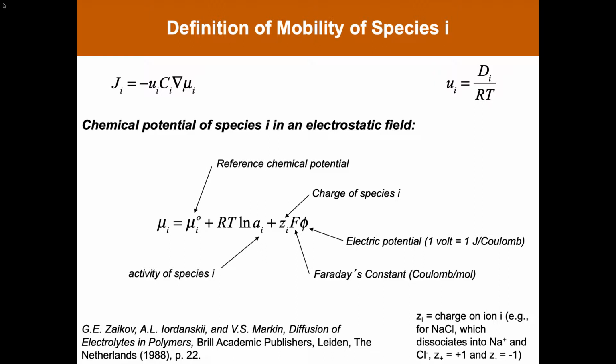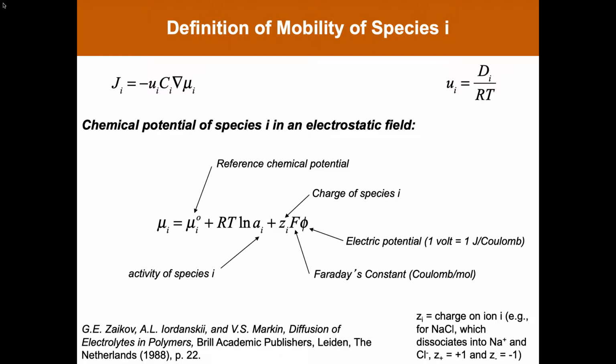And what this recognizes then is that an electric field can drive the transport of charged species through a medium. If the species is uncharged, an electric field difference doesn't produce any flux. And it's only when species are charged that they respond to these electric fields. z sub i here is the charge on the ion.